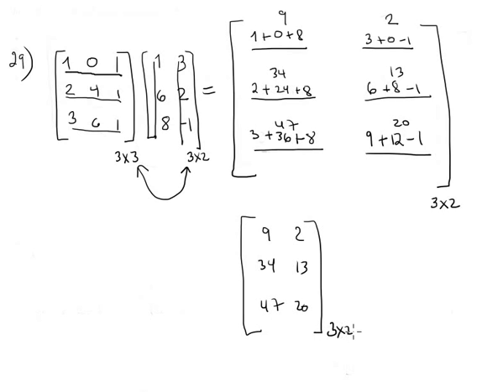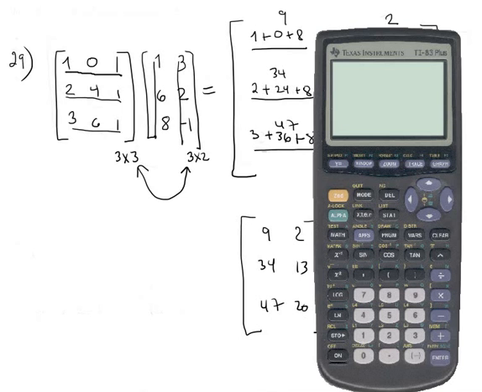3 by 2. Now checking using the calculator. Okay, in the calculator, for example, the matrix A, I did before, is this matrix. And the matrix B is this matrix.